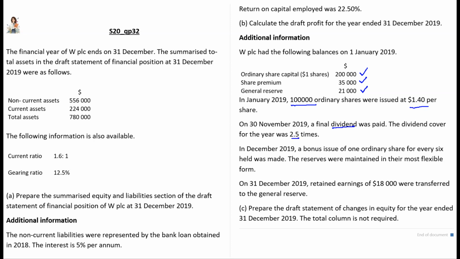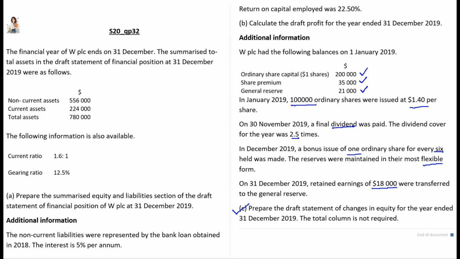In December 2019, a bonus issue of 1 share for every 6 held was made. The reserves were maintained in their most flexible form. This means that capital reserves will be used before the revenue reserves to issue bonus shares. On 31st December 2019, retained earnings of $18,000 were transferred to the general reserve.